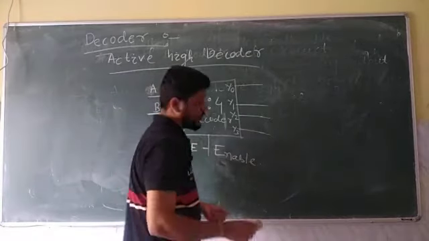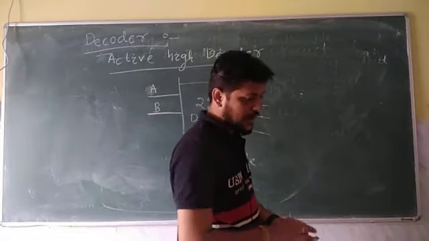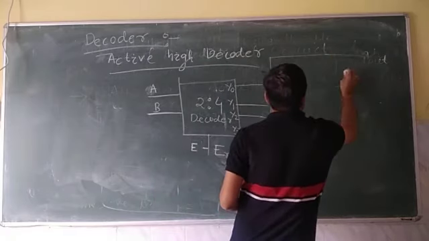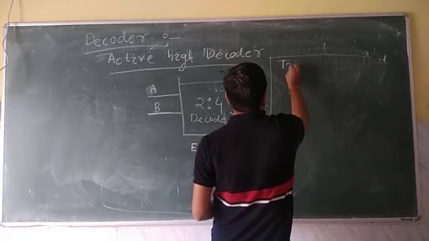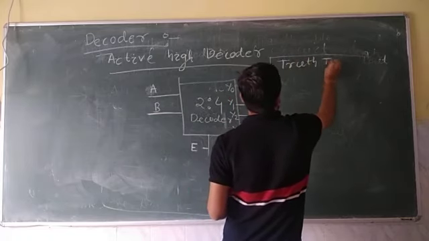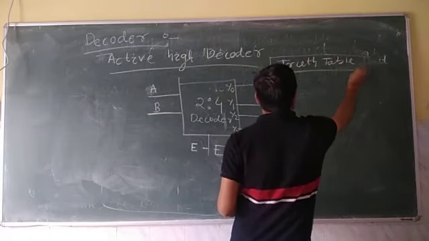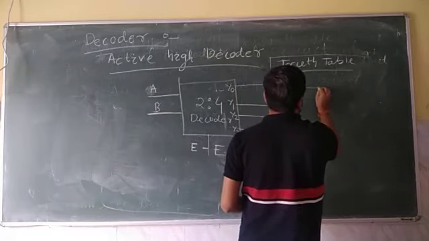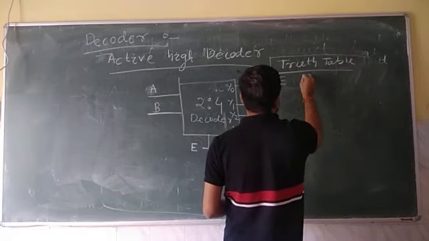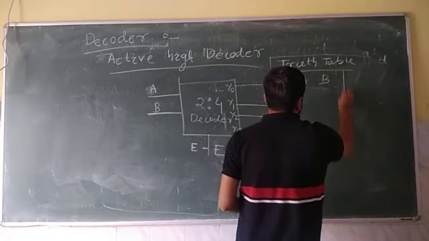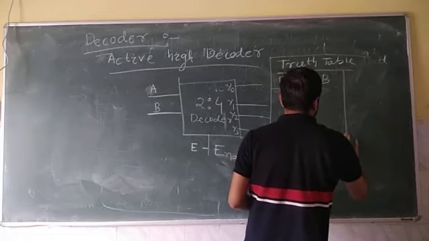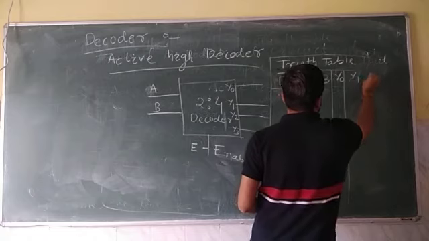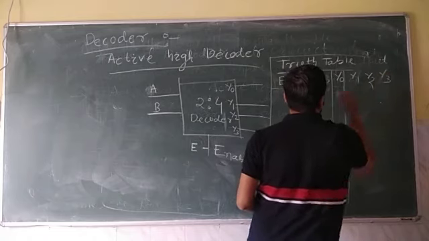So now we will construct the truth table for the active high decoder. We have enable, A and B, which is your input section, and we have 4 outputs Y0, Y1, Y2 and Y3.